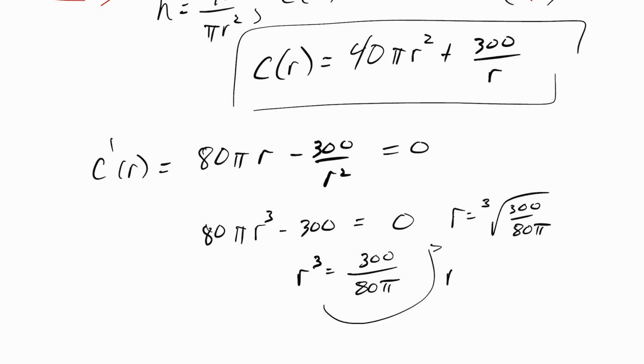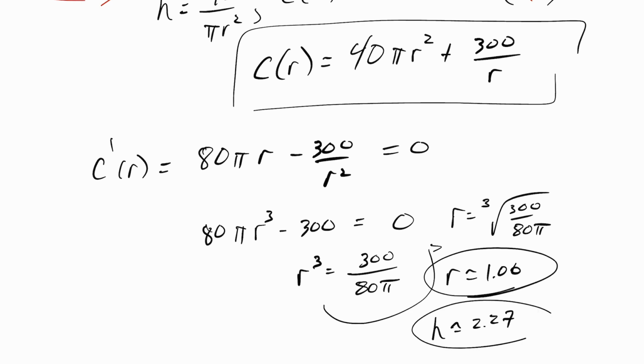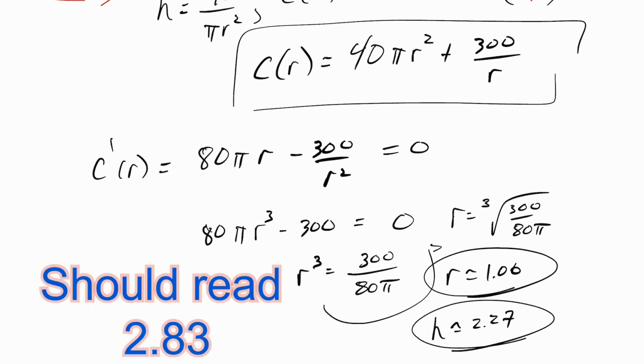Therefore, r is the cube root of 300 over 80 pi. If you calculate this, you get 1.06, and that becomes our radius. And subbing this into h, you're going to get 2.27 approximately. So the dimensions that are going to minimize our cost are a radius of 1.06 and a height of 2.27. Thank you.